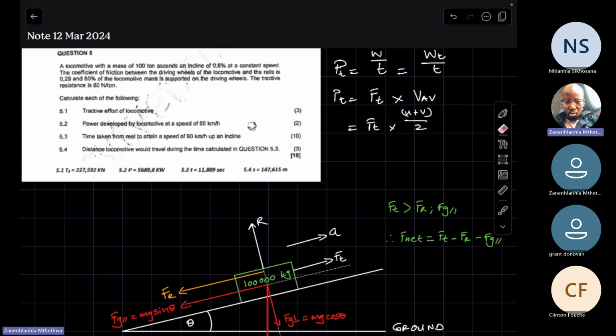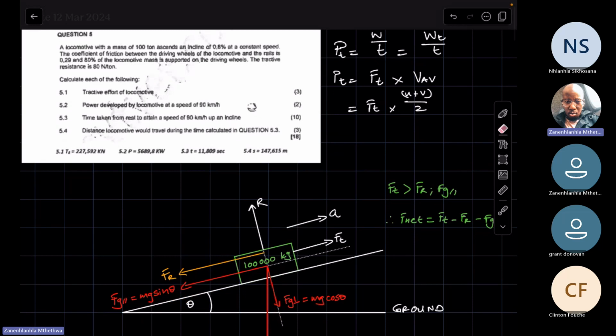Meaning, in the statement, they will tell you that the object is moving at constant speed, and then they ask you a question that suggests that you have to consider acceleration. This question would be such a case. They want us to calculate the time it took for the locomotive to move from rest to 90 kilometers per hour up the incline. So they want us to calculate time.